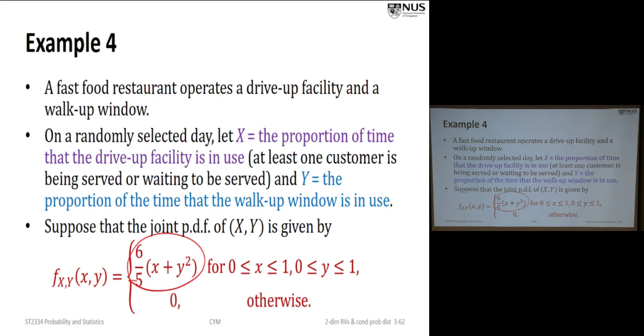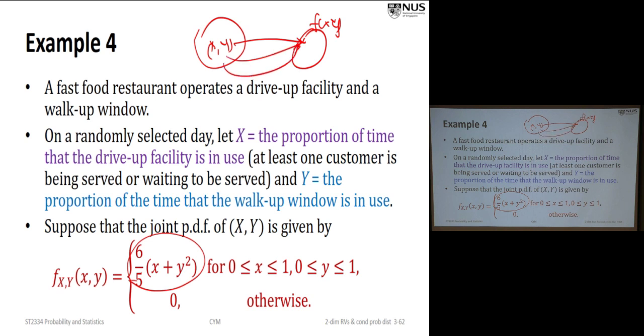A constant is also a function of xy. It simply means that for any given value of x and y, f of xy equals the same value. Any xy maps to f of xy, and if all the points map to the same value, that is a constant function. It is still a function of xy.